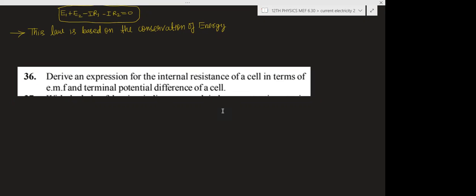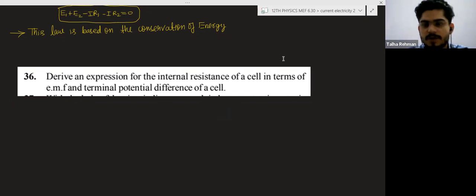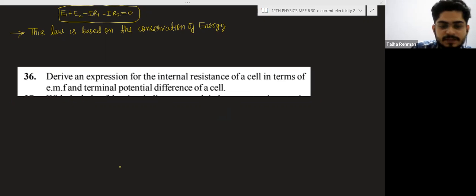This is a question. Derive an expression for the internal resistance of a cell in terms of EMF and the terminal potential of the cell. So we already know what a cell is and how the cell is represented.